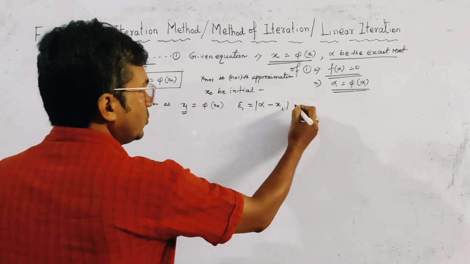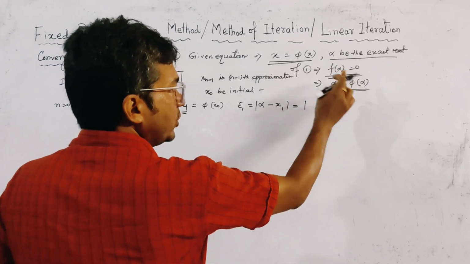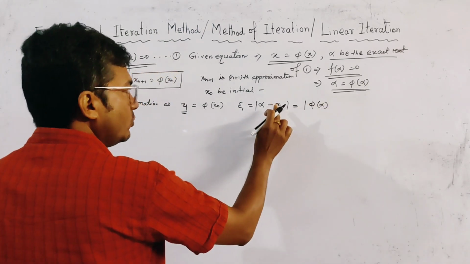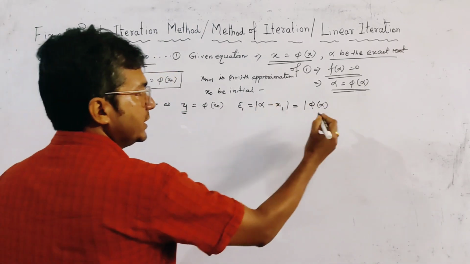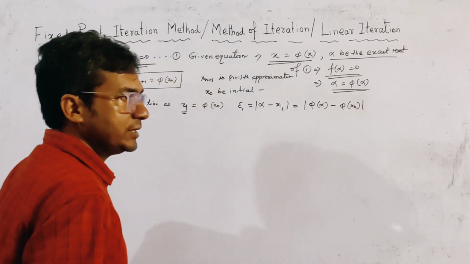We write the value of alpha as phi(alpha), and we put the value of x1 from this relation, which is phi(x0).